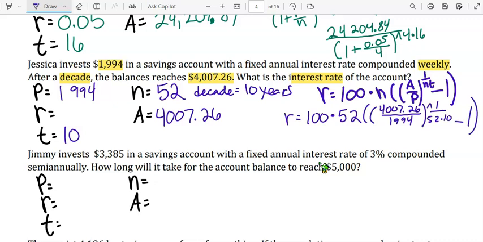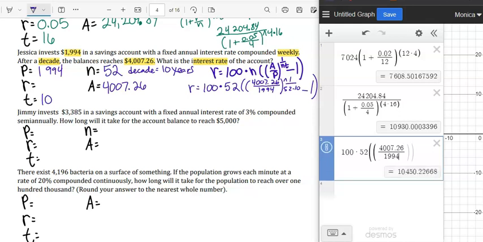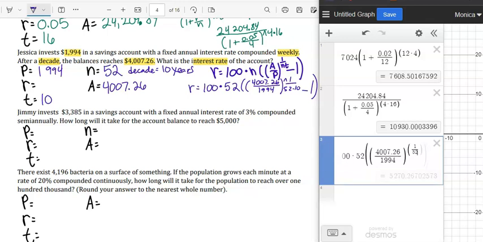And then we'll type that into the calculator. So it looks like we have about 7% here.